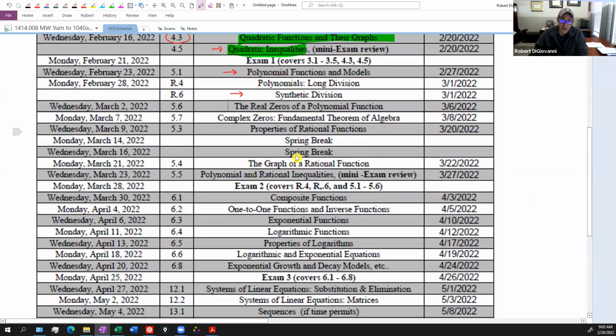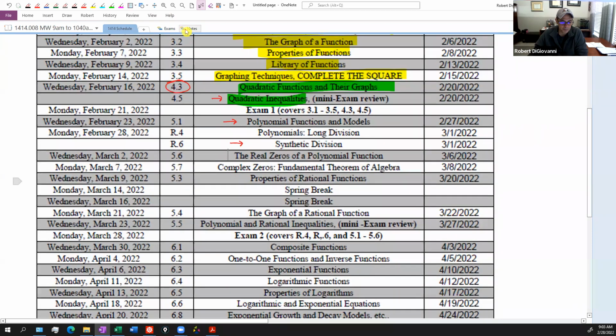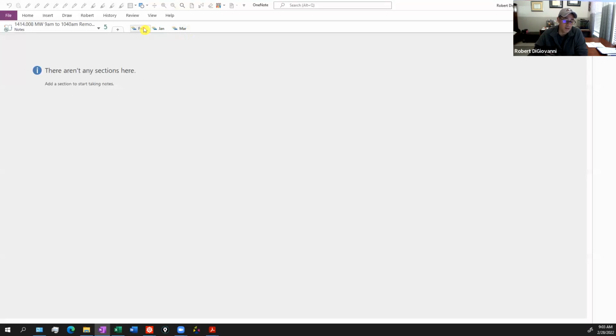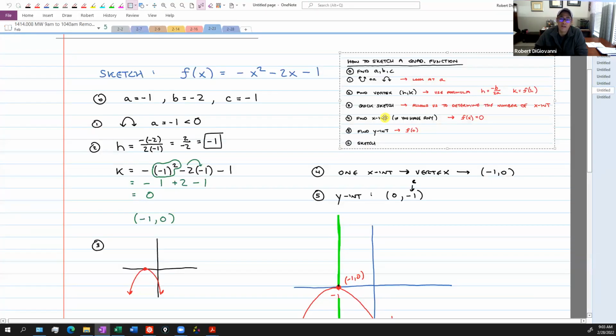Not for a while, so it's after spring break. So we got quite a ways before our next exam. But on that exam, I will allow you to have a reference sheet. And on that reference sheet, you'll probably want to put these steps on how to sketch a quadratic. We're going to move on though, unless there are any questions. No one seemed to have any questions on sketching quadratics.